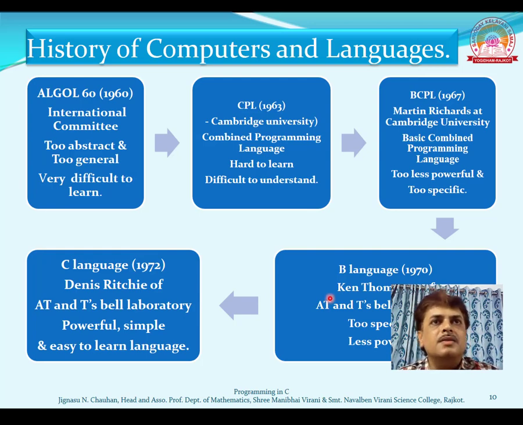This language overcame all the limitations of the previous languages, including ALGOL, CPL, BCPL and B language, and then C turned out to be a very powerful, simple and easy to learn language.